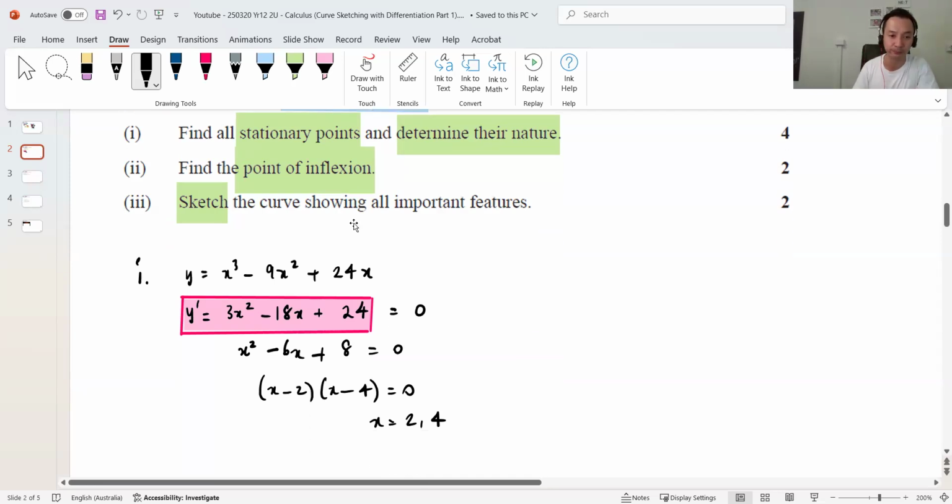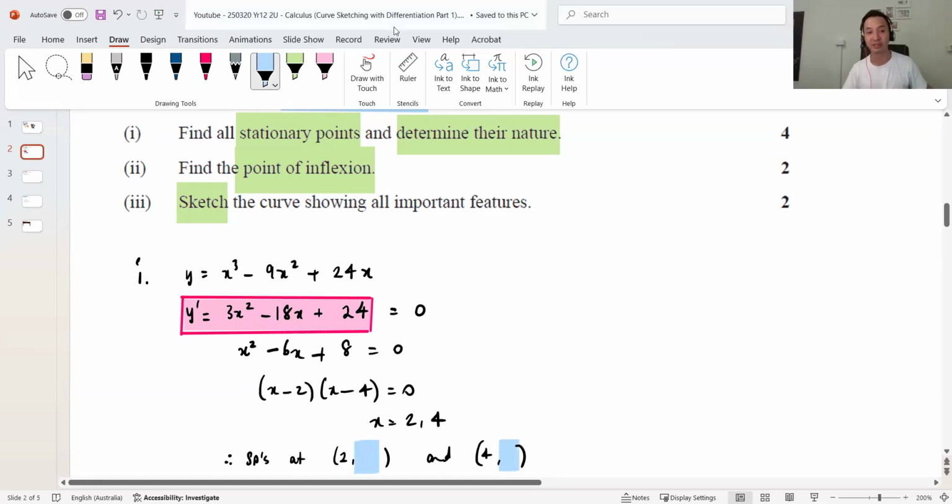So you go, therefore, stationary points at 2, something, and 4, something, right? To find these, I sub the x values into the original.